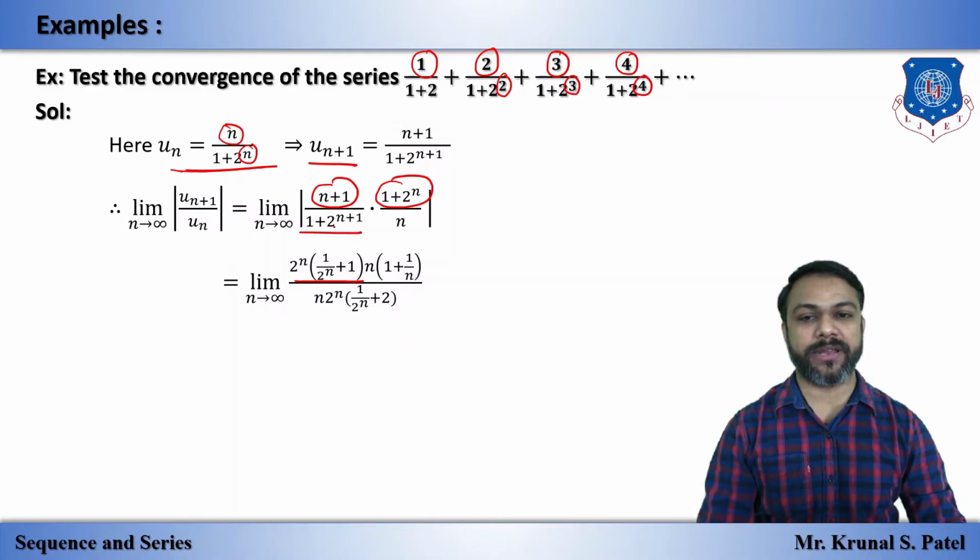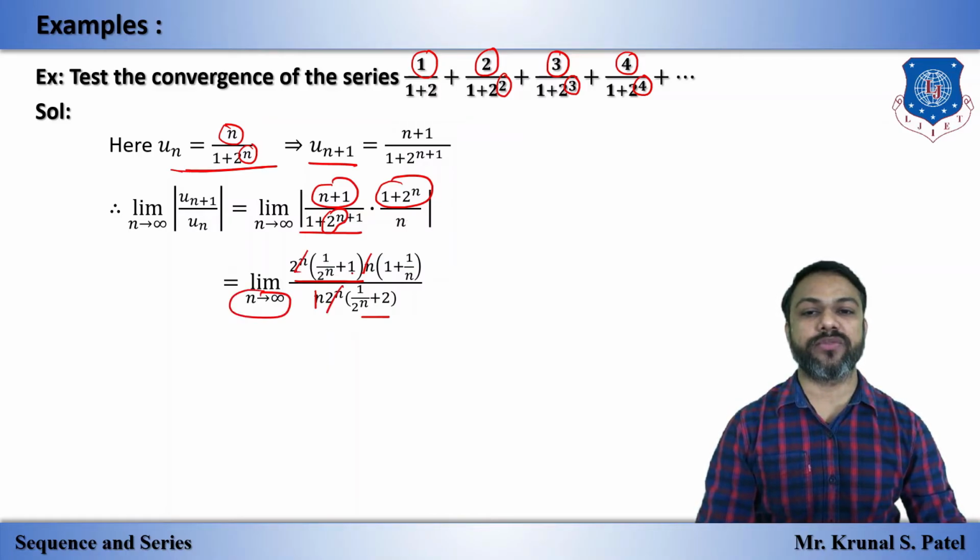Similarly from here, if we take 2 raised to n common, we have 1 by 2 raised to n plus 2 raised to 1, so this 2, and this n as it is.